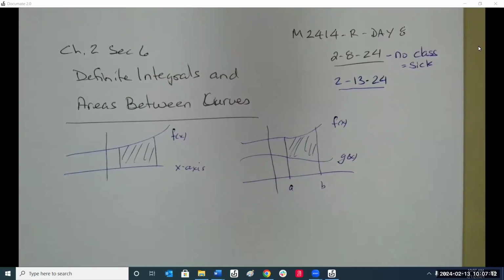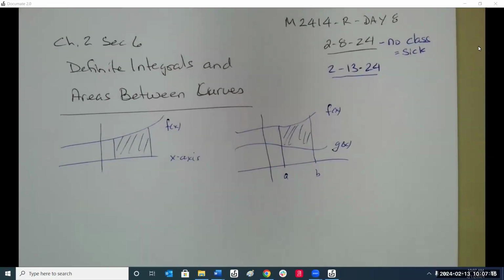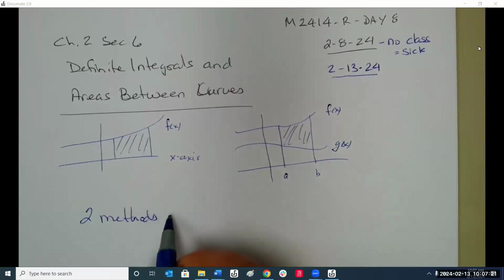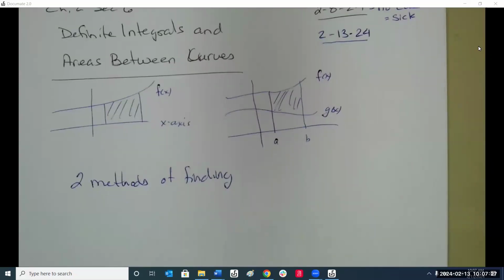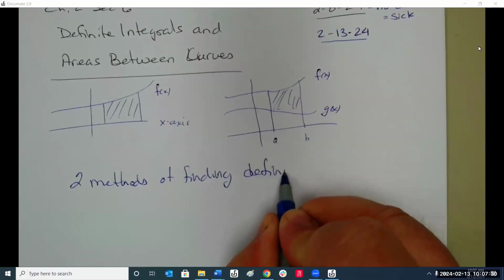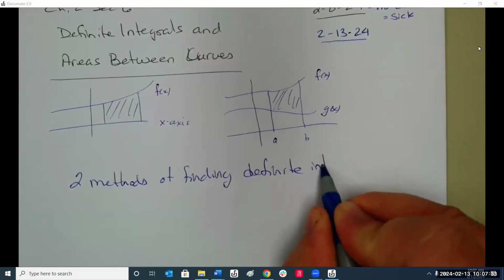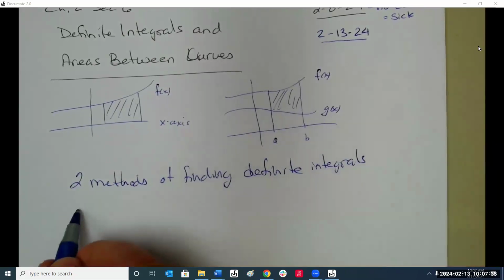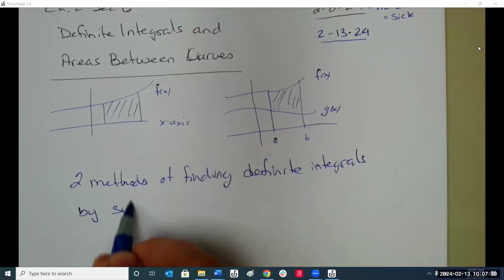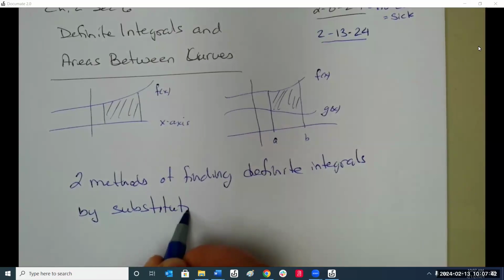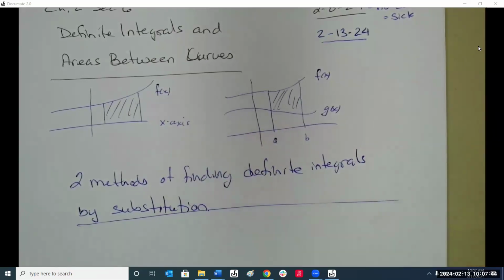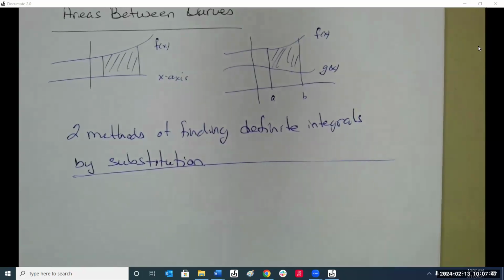All right. So there are two different methods of finding definite integrals. And we looked at some of the rules last time. There are two methods of finding definite integrals by substitution.